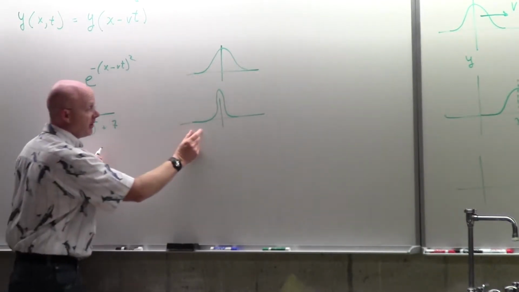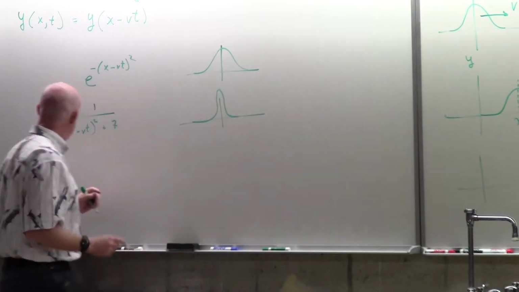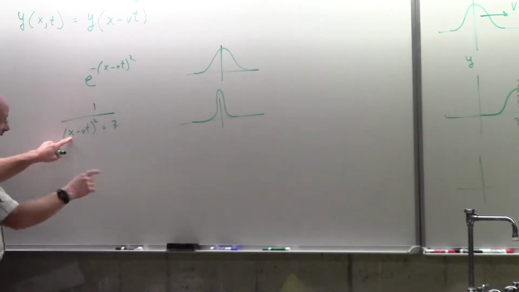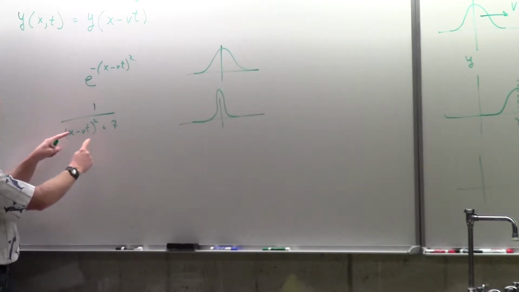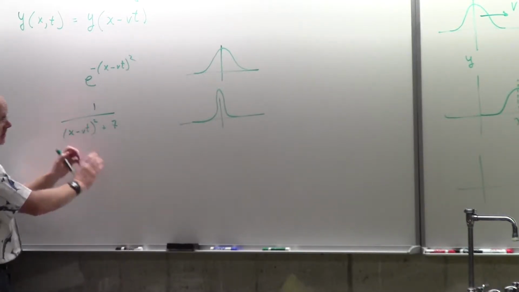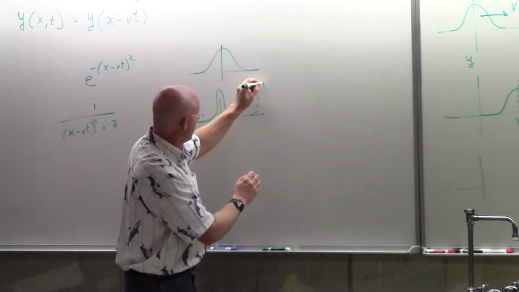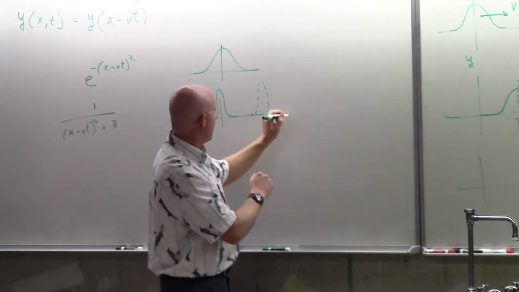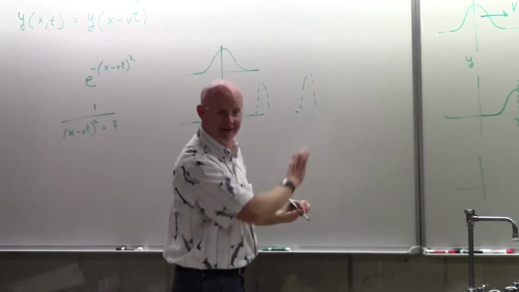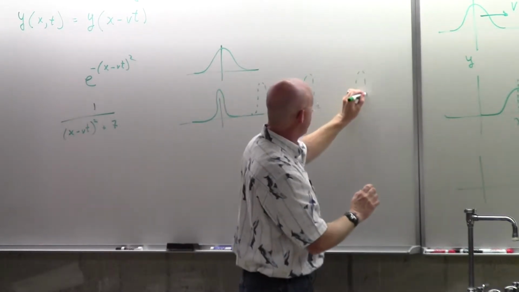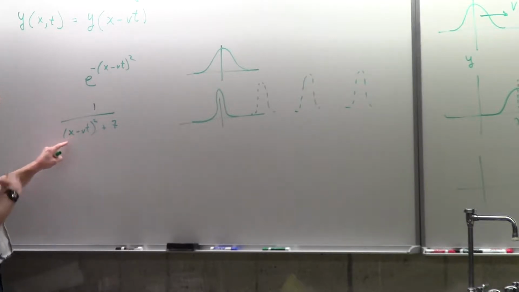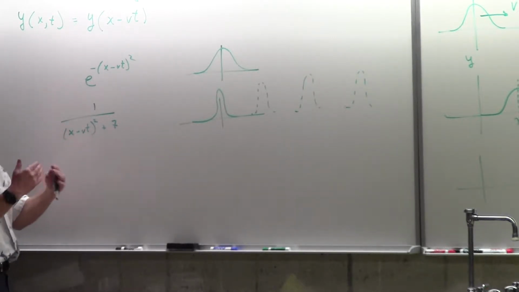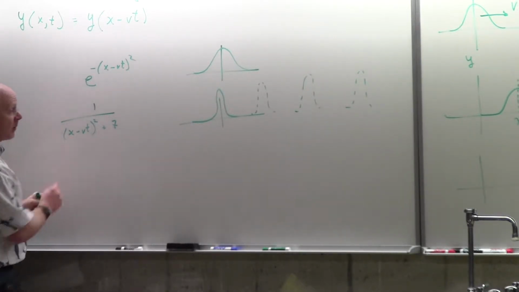And as it shifts over with time, there would be some positive value of x along with some positive value of time where that would be 0. So later in time, that would be 0, and it would be over here, and over here, and over here. So as time gets bigger, the position x must get bigger for these two to cancel, and we get our wave. So is that a wave?